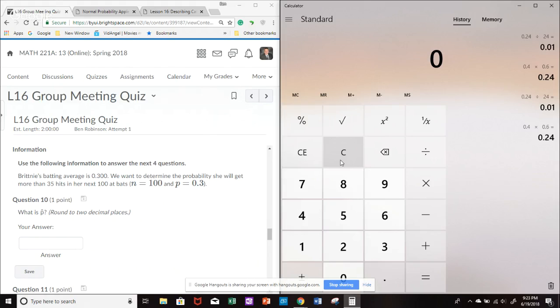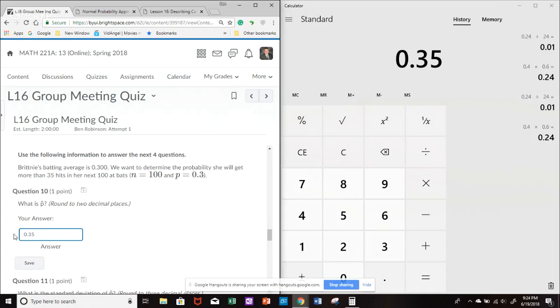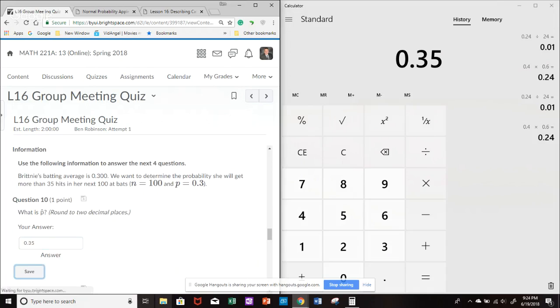That will be p hat. Okay, 0.35. I agree. Ben agreed. I agree too.